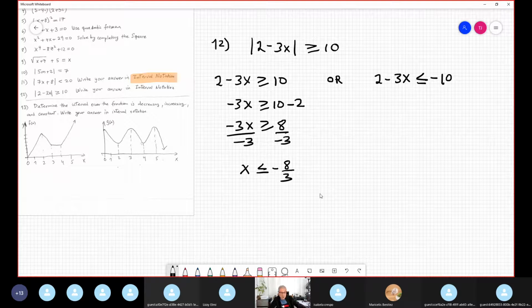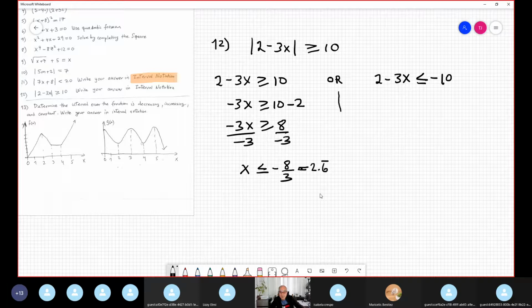To have some idea where that number is, you convert to decimal. You put in the calculator 8 divided by 3, which is 2.6 repeated.